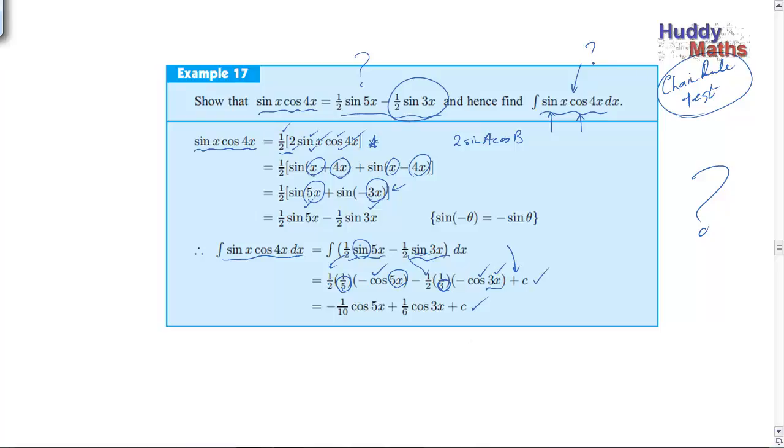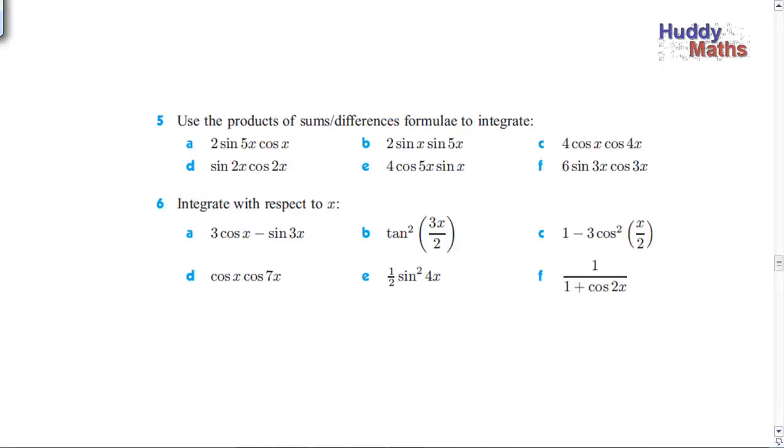All right, your turn to play with these formulae, which are products of sums, differences formulae. I want you to have a go at each of those. There's a mixed bag in here. You're going to have to go back and do some of the things you did before and see what you can make of it.